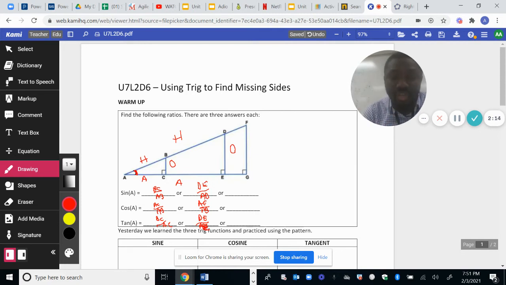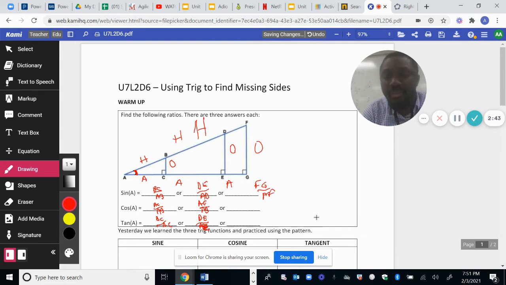If you take the big triangle, the largest triangle, FG is the opposite and AG is the adjacent, AF is the hypotenuse. So the sine of A is opposite over hypotenuse, that's FG over AF.